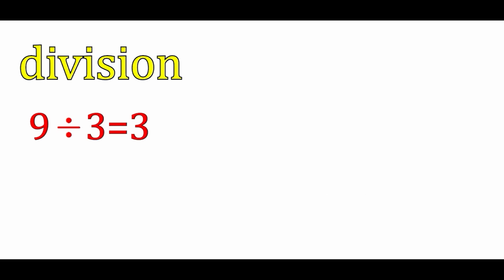Or if you wanted to explain this to someone, you could say, if you divide 9 by 3, you get 3. Or we read the whole equation like this: 20 divided by 4 equals 5. Or you could say, if you divide 20 by 4, you get 5.